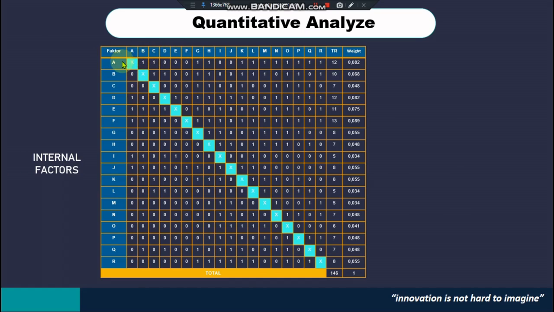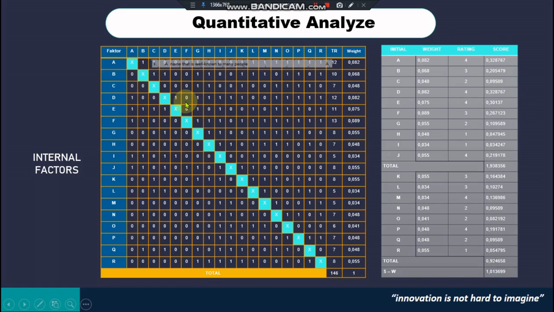And then the step in analyzing the internal strategic factors by quantitative analysis is that we have to compare each of the factors by its row, or horizontally. For example, we compare factor A and B. A is the name that is well known to many people, and B has an experience and professional structure.